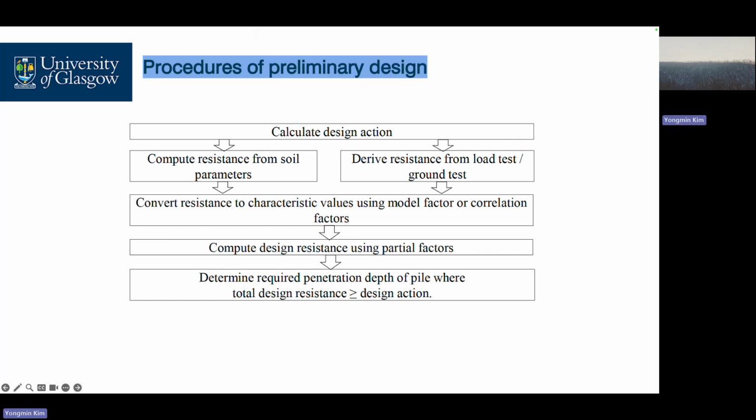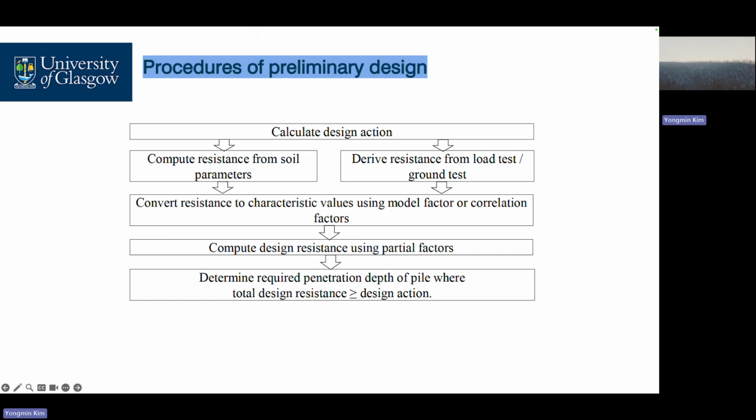So next week, I'm gonna show you so many equations. Wow, a lot. Very complicated. Clay, sand, skin friction, end bearing. We calculate soil resistance from the equations. This is our soil resistance, and then factor that resistance.